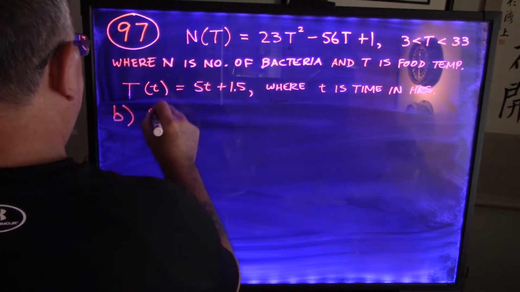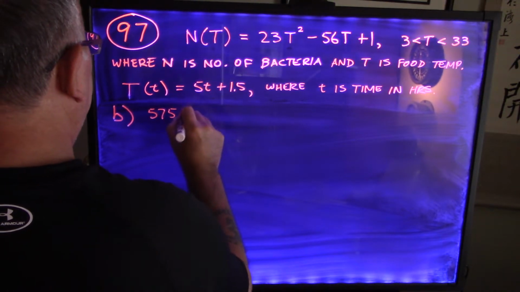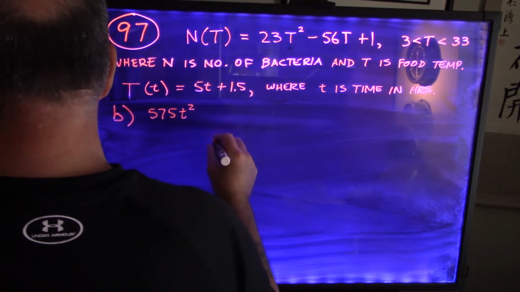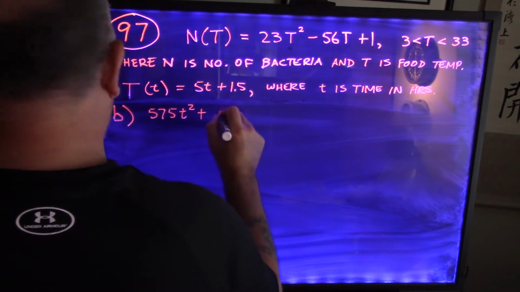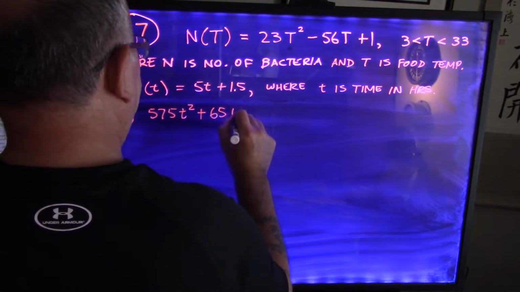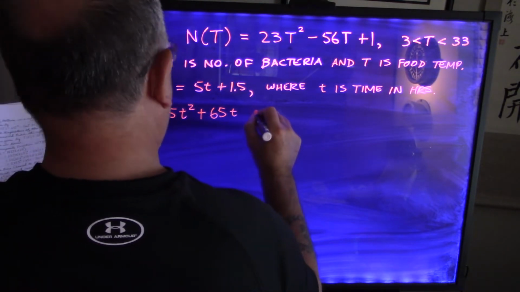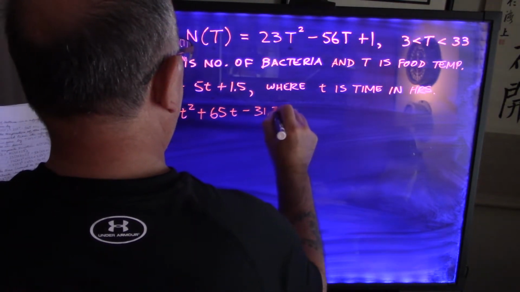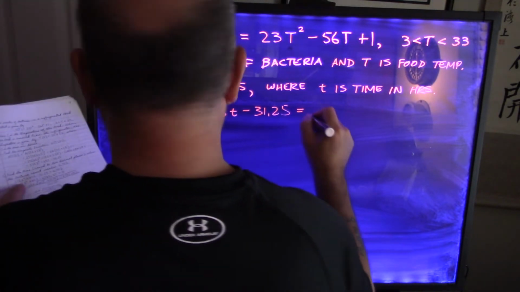575t squared plus 65t minus 31.25 equals 6,752. This looks like a calculator problem, but you can do this by hand, which I will do.